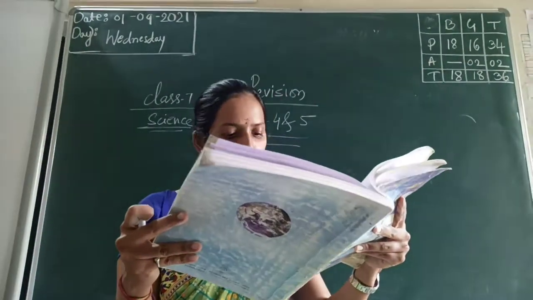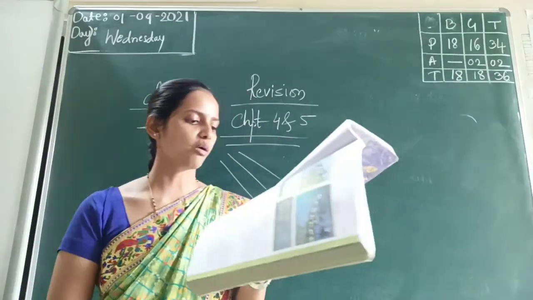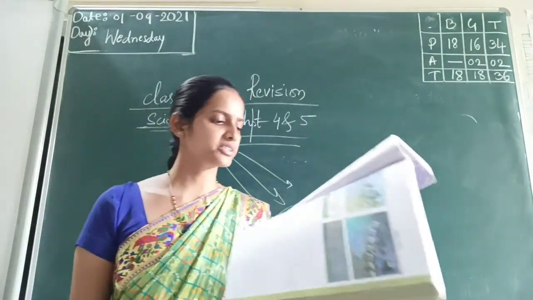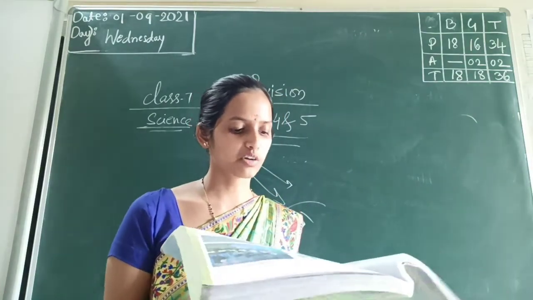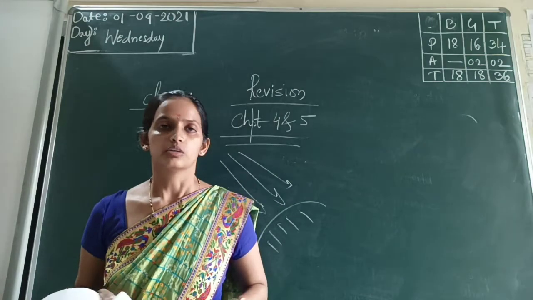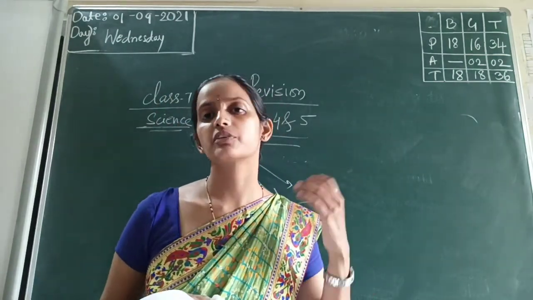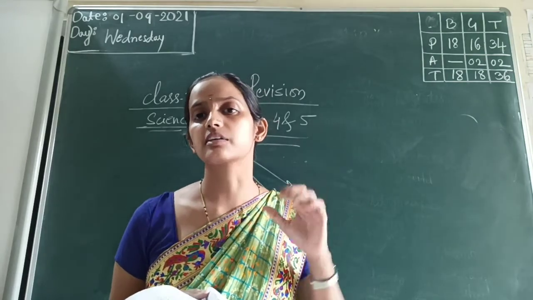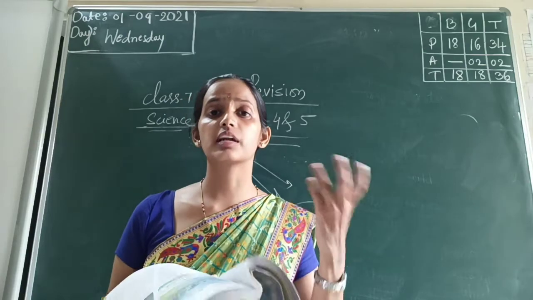When we come out into the sun, we feel warm. How does the heat from the sun reach us? It cannot reach us by conduction or convection, okay, so through the process of conduction and convection, we are not getting the sun rays. So the term we are using is radiation.